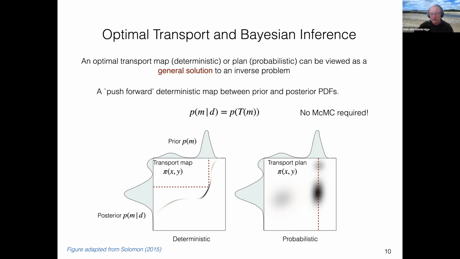So that would mean you find the red dashed line here on the prior, and rather than it giving you a point on the posterior, it gives you a probability distribution there given by the cut that generates positions in the prior, in the posterior. So you can use the same idea. A plan is a higher dimensional beast, but it really only applies to discrete problems. So there's always a map in principle for continuous problems.